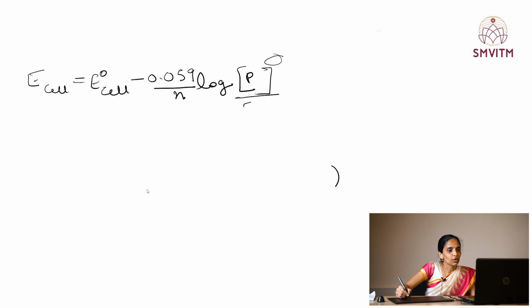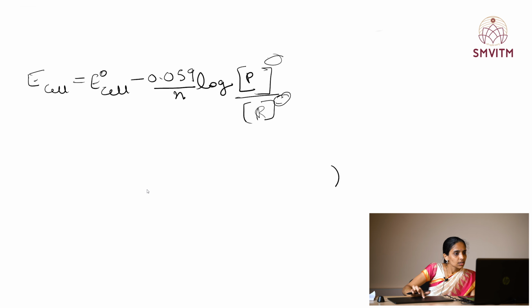And then you have got reactants, again raised to the appropriate powers. You can write the formula by looking at the reaction that is given to you. If you want, you can write the general formula as square bracket C to the power C, square bracket D to the power D divided by square bracket A to the power A, square bracket B to the power B. So the general formula can be written, or by looking at the reaction you can frame the formula and write.